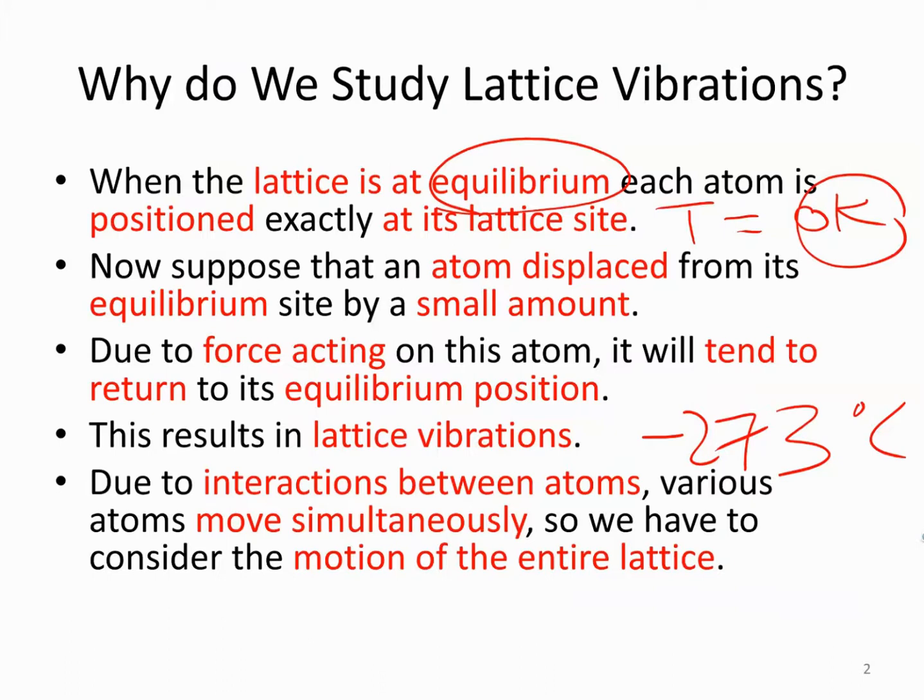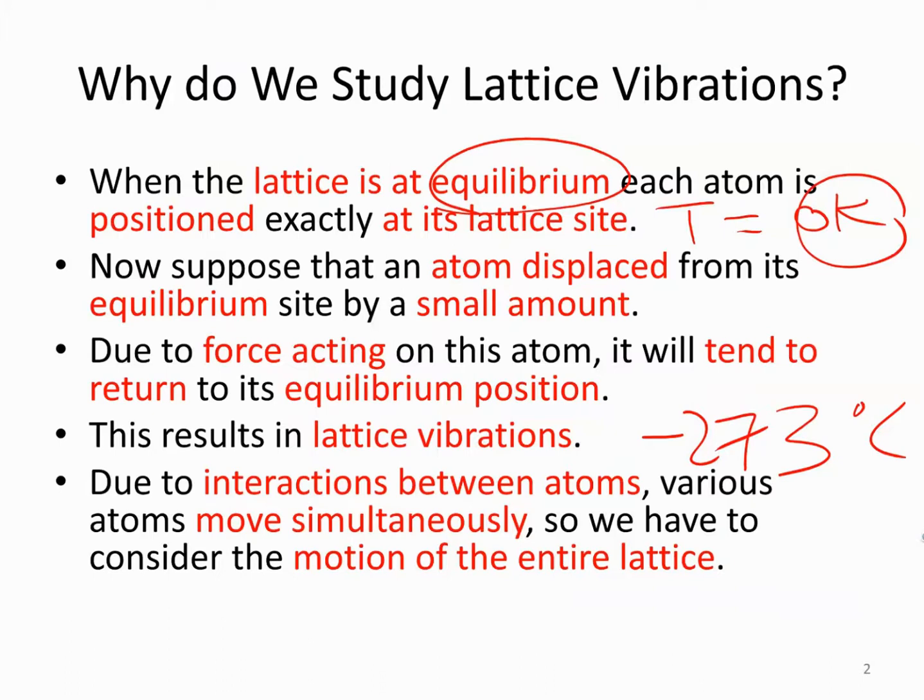But we just cannot detect it using our eyes, because we cannot detect the small vibration degree at room temperature. And the other thing is that the atom is also very small, so of course you cannot detect the vibration. But in fact, at any temperature other than 0 K, the atom is always vibrating.